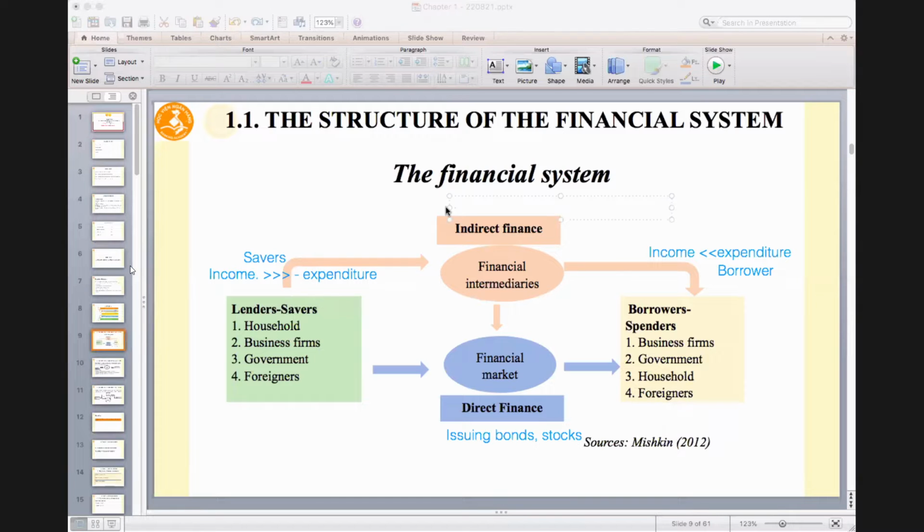Okay, they will go to the bank and borrow money. Yes. This is the most popular way for the business firm to raise money. But first we will talk about when they issue bonds or stock.